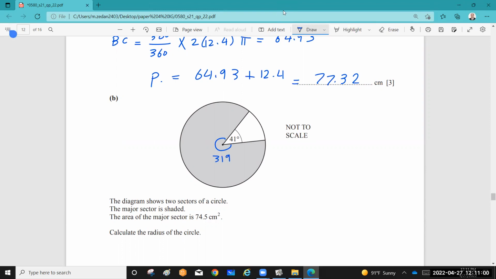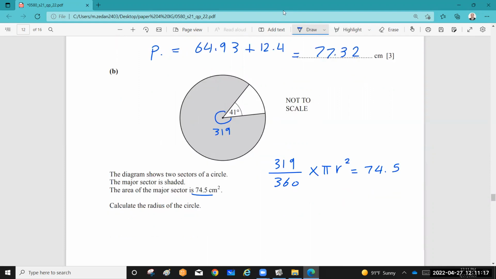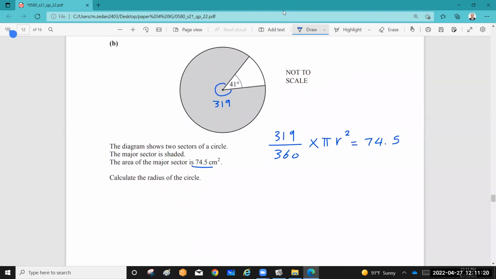So the area of the sector is 319 over 360 times the area of the circle, pi r squared, equal to the given area, 74.5. To make r squared the subject, multiply by the reciprocal of this fraction. So r squared equals 74.5 times 360 over 319 pi.